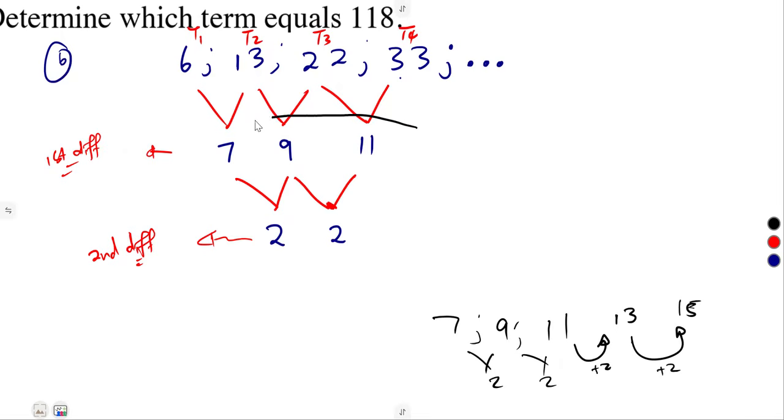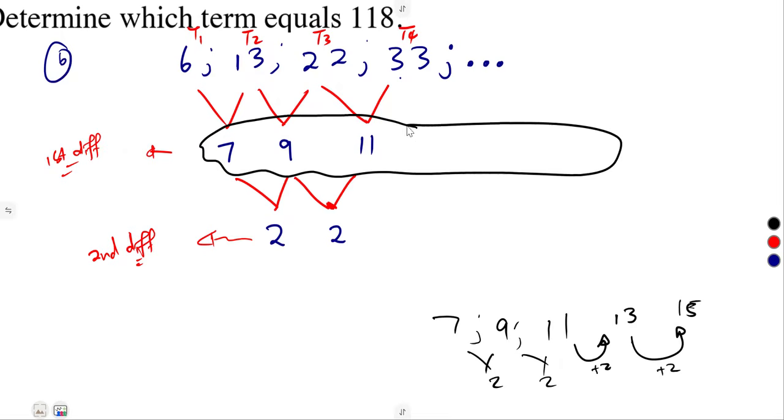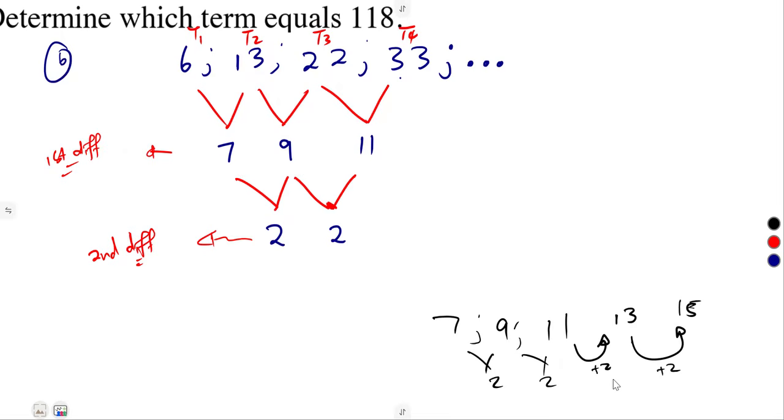But if you check the first differences here, it is not a constant thing. So we use the 2 that we are given on the second difference. We know that one is not going to change. So the next term on the first differences, whatever we have there, this was supposed to be a 2.